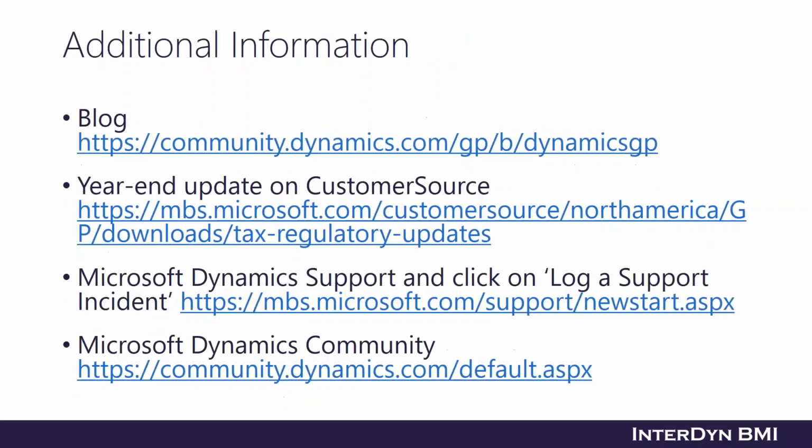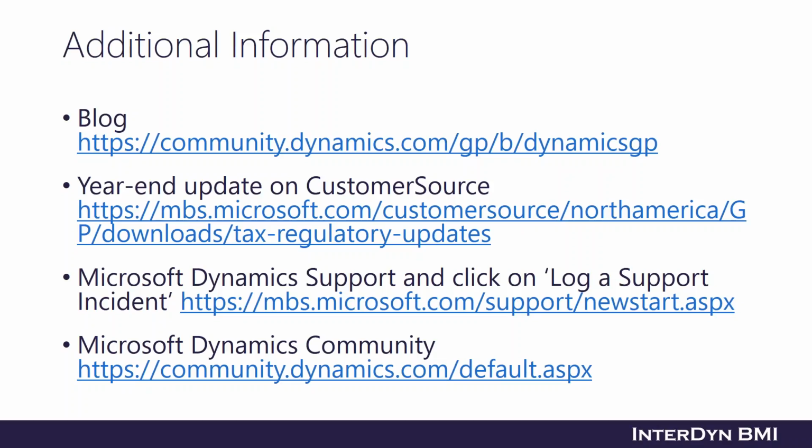So the last couple of slides here are links to some very important information around year-end. So there's lots of stuff out on Customer Source. There's blogs out there. Most of those are run by Microsoft, and so they're reliable, accurate information. Got a link here to Dynamics support if for some reason you needed to open a support incident there.